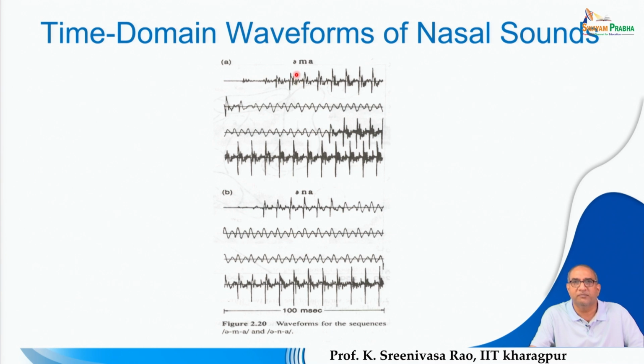And for plotting these time domain signals of nasals, instead of plotting the isolated sounds, they were plotted in between two vowels, because nasals and other consonants are of very small duration, and it is difficult to observe their characteristics in isolation.